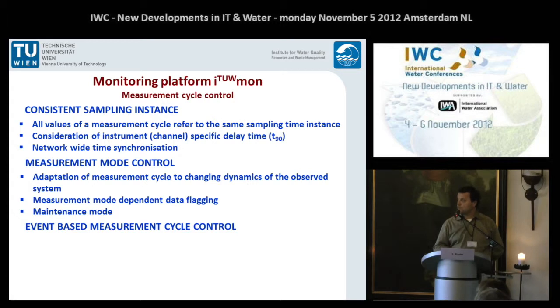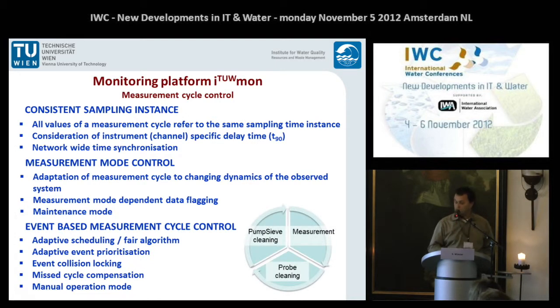We have this event-based measurement cycle control, which is an adaptive scheduling algorithm. We adapt to the system dynamics in the way the whole system is run. We have event collision logging, so we cannot have one instrument in measurement state while the other one is cleaning, for example.